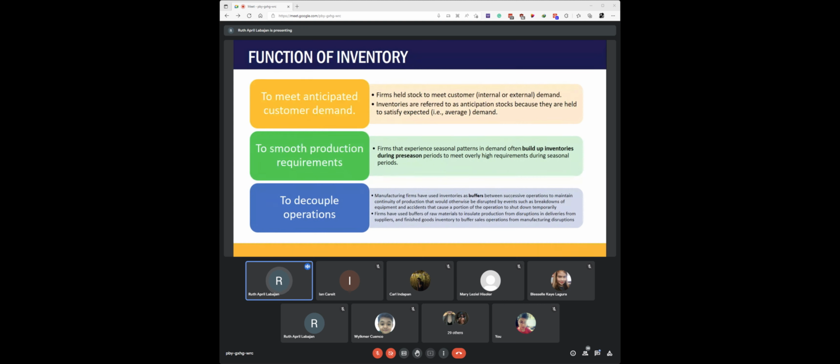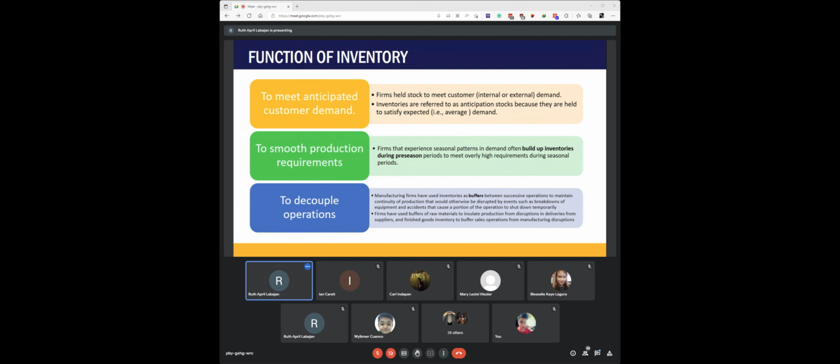And for instance, if you are a customer, if you go to the grocery store and you are looking for a bag of flour, that bag of flour is an inventory.